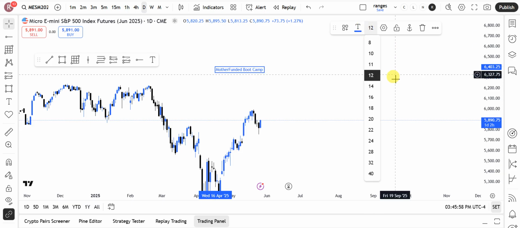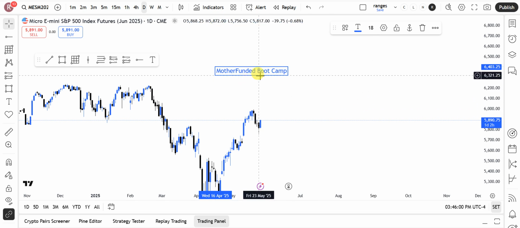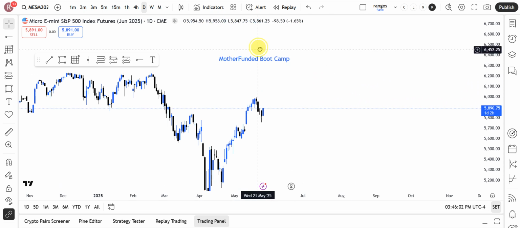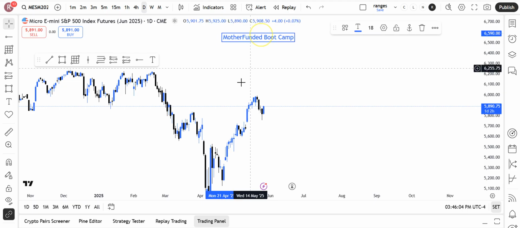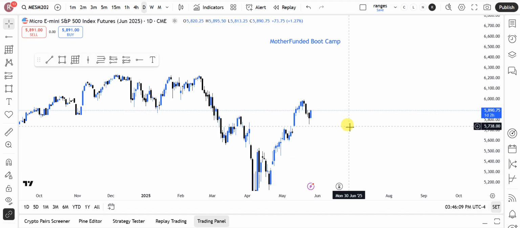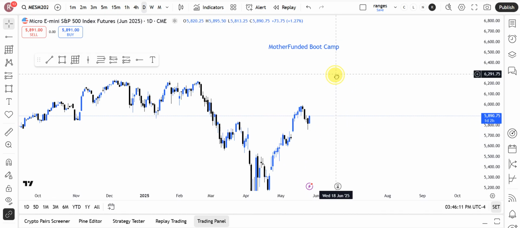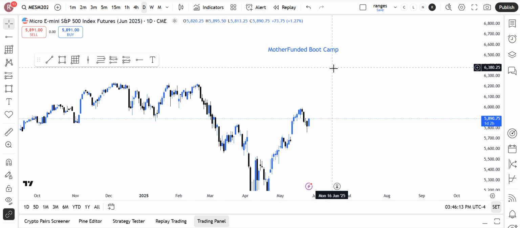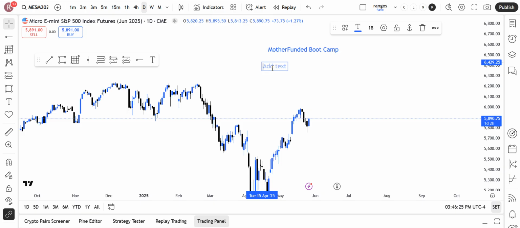Today we're going to be discussing a continuation of what we discussed last time. We went over swing highs and swing lows, and I want to go into when we talked about liquidity sweeps. I want to combine those two, and the next topic I want to discuss is called break of structure.